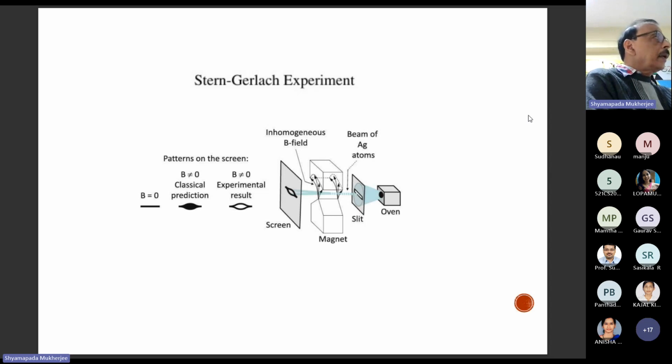So it is not a uniform magnet, but a magnet producing an inhomogeneous magnetic field. If the beam of silver atoms passes through it and you put a screen on the other side, you will see a figure something like this. You will get something up and something down, a discrete phenomenon.